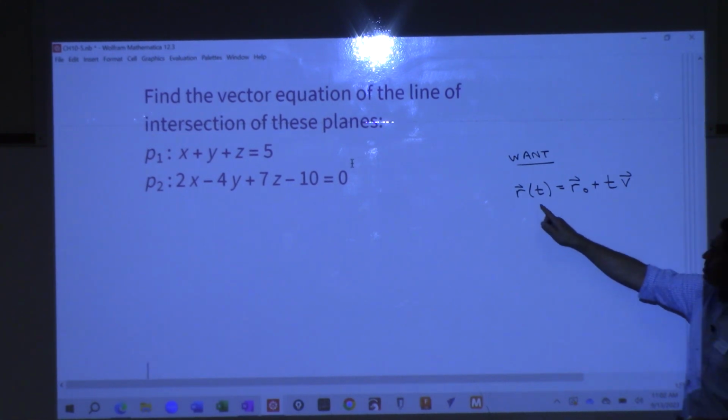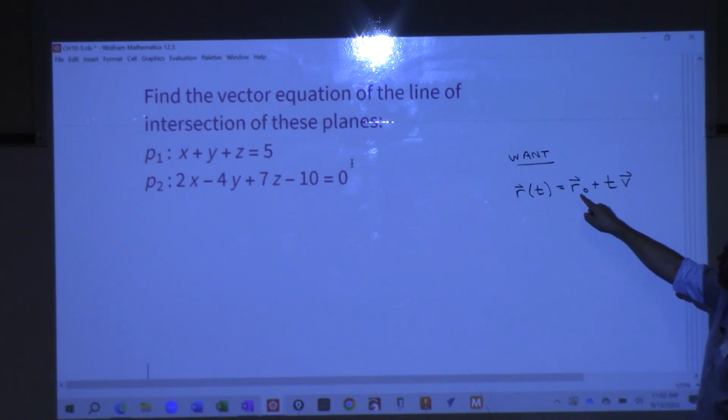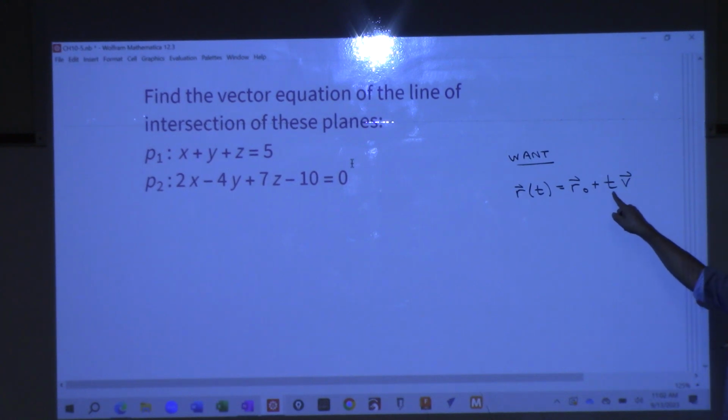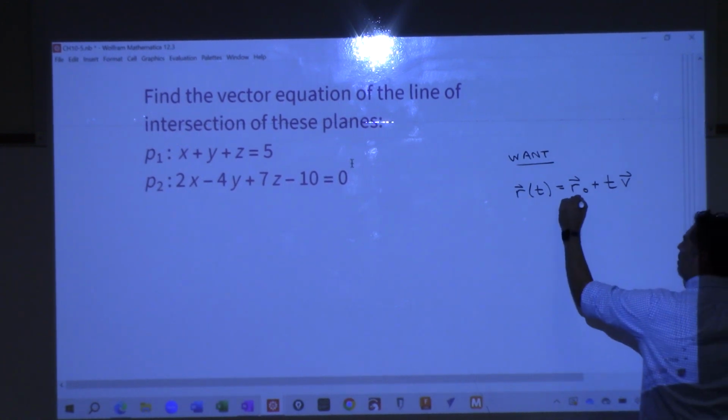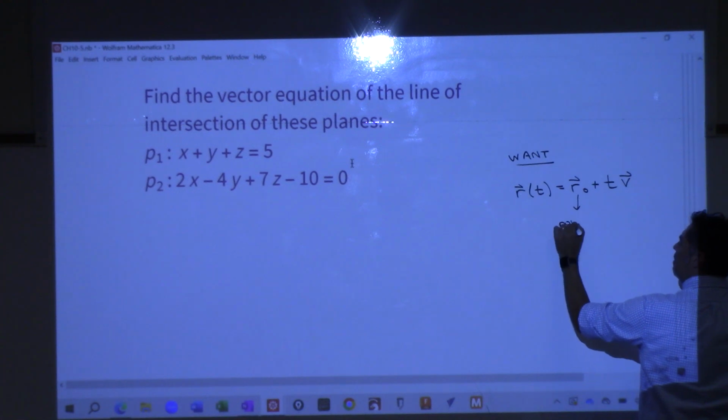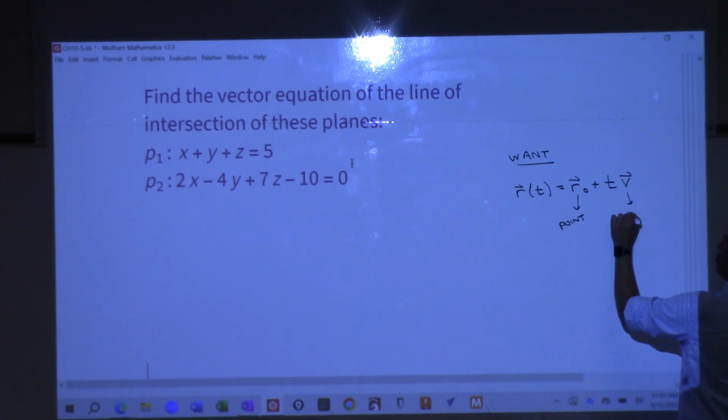It's a vector function where r naught is a vector that represents one of the points on the line. T is your scalar that basically creates all the vectors on the line. And then v was our, do you remember what that was? So r naught comes from a point on the line. This is our direction vector.